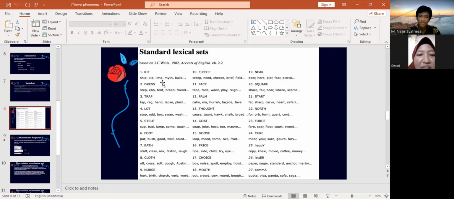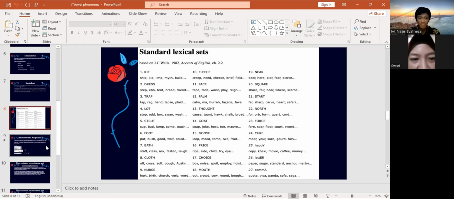Dress sounds like step, ten, bread, friend, so it sounds like E. And number three, trap. Or four, lot. Lot sounds like stop, odd, box, swan, or wasp. It sounds like O. So there are 27 standard lexical sets.